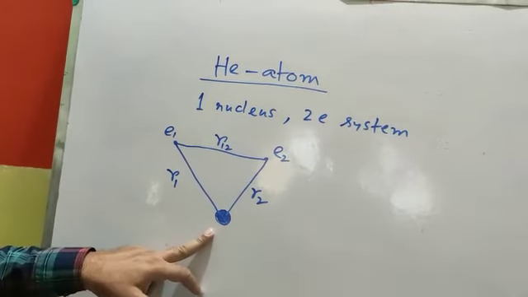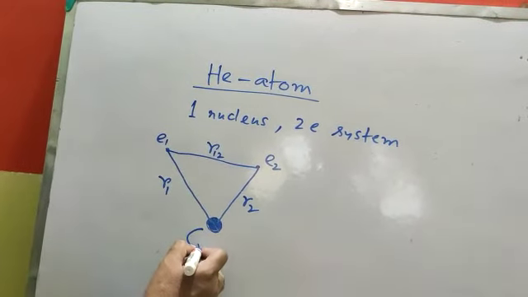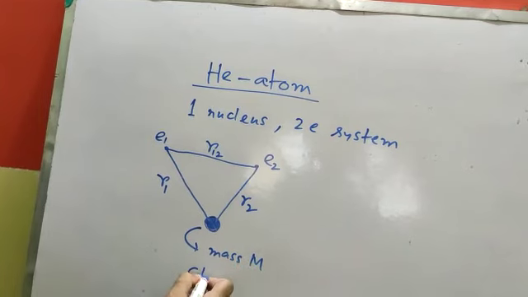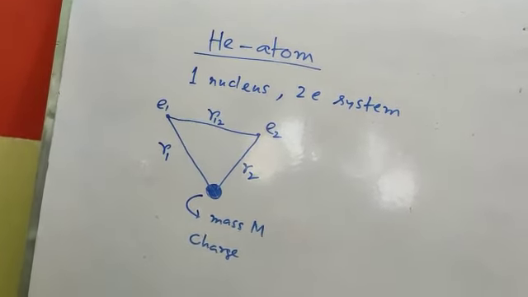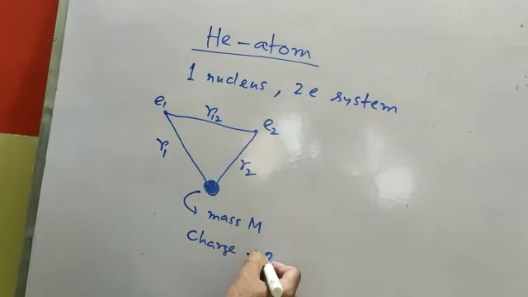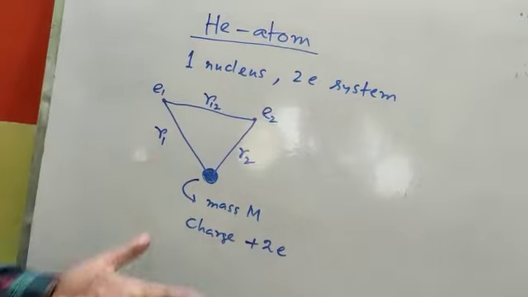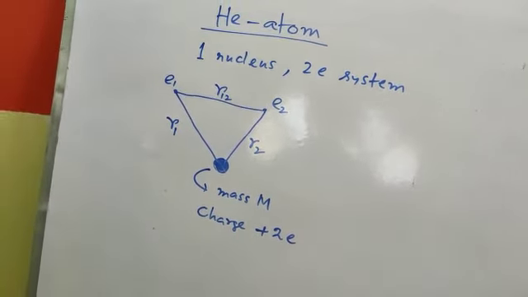And this nucleus has a mass capital M and charge plus Ze, and for helium this is plus 2e. And these two electrons are the same, and they have the electronic mass me.